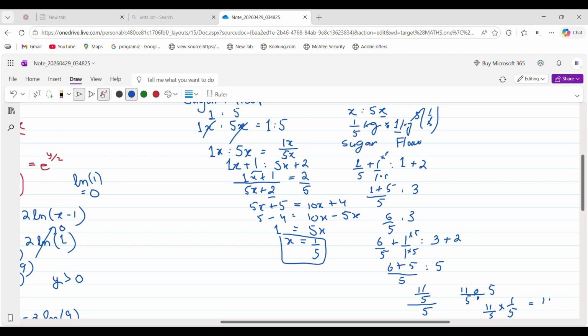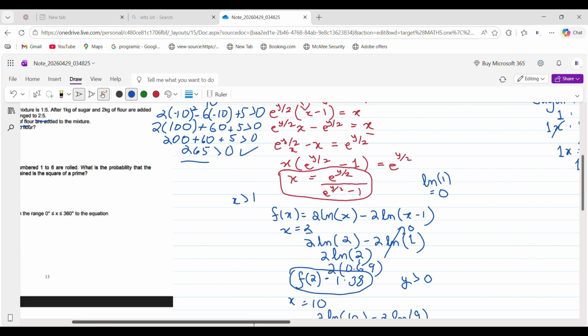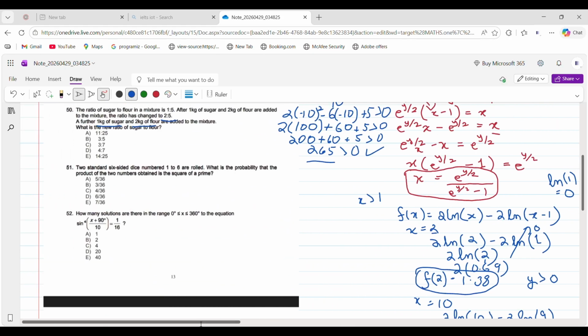So 11 into 1 is 11, 5 multiplied by 5 is 25. Now 11 by 25 I can write like this as well, 11 ratio 25. So now I've got my new ratio, which is 11 ratio 25, and which is exactly our first option. I hope this question was simple, not difficult at all.